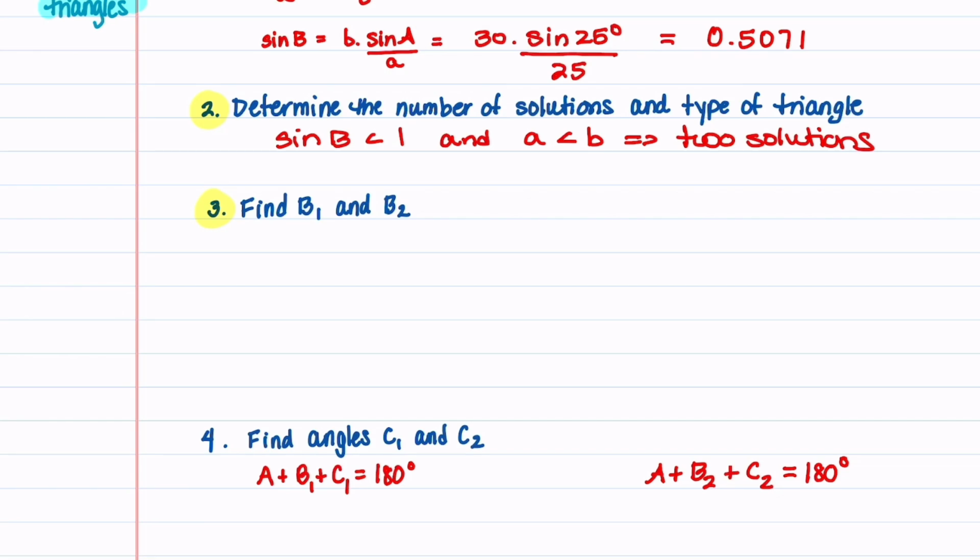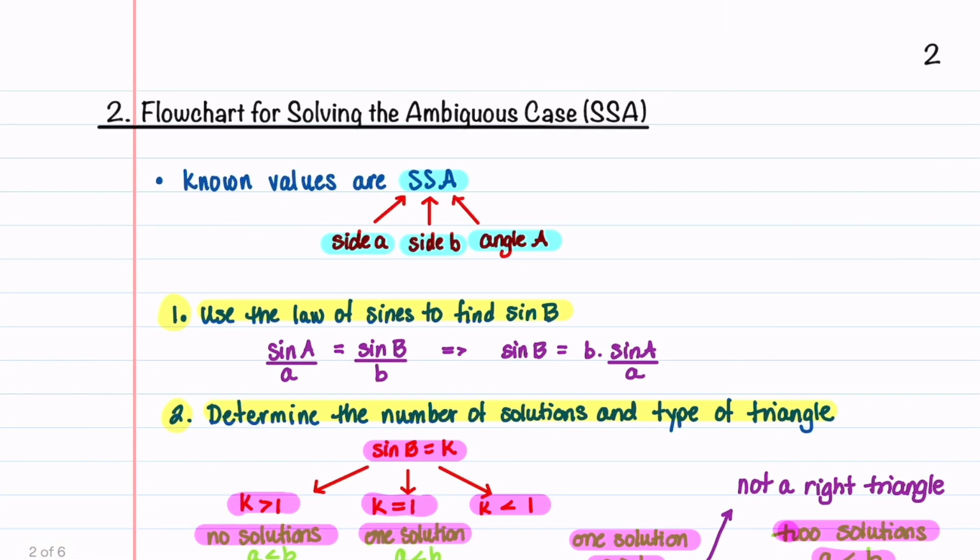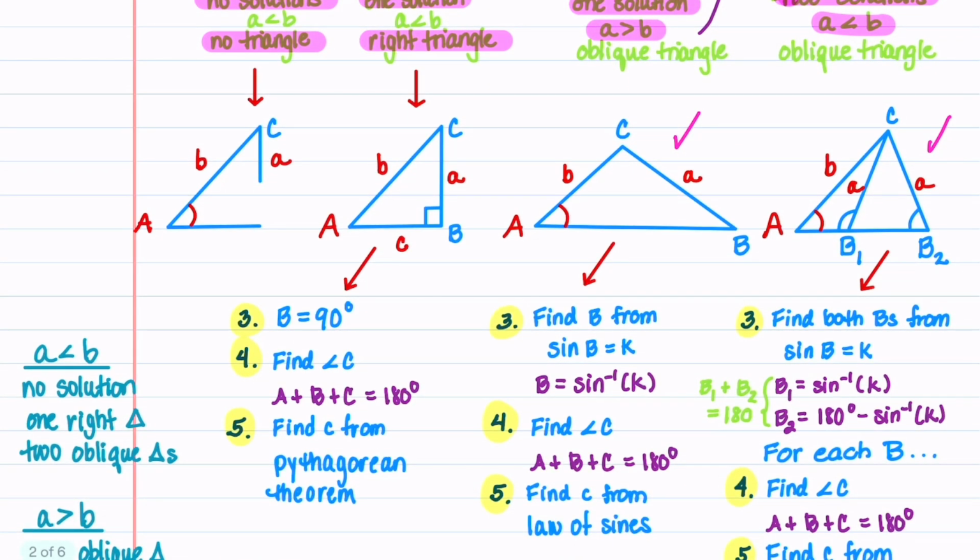Let's go back and look at this for a minute before we continue on. This is the type of triangle we're going to get, and the angles that we're going to find first are our two unknown angles, B1 and B2.